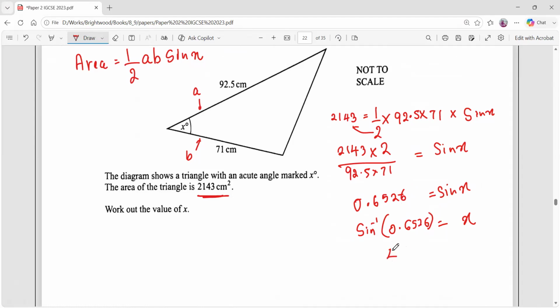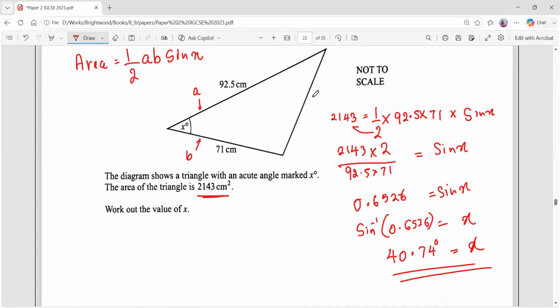When you simplify it, it becomes 40.74 something. Here the magnitude is 40.74, something like that. Here you have to use a calculator.